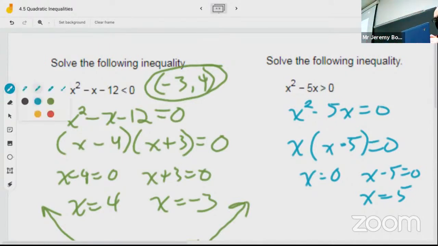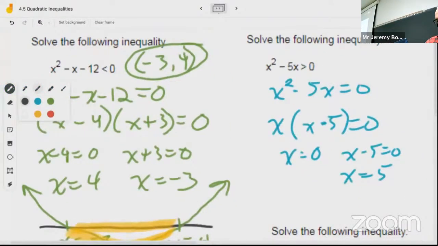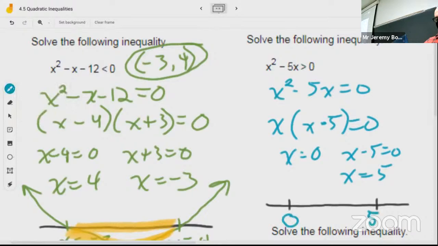Let's draw that out. Let's put 2 dashes for us there. And we're going to have 0 and 5. Make sure you write them in the right order. And we know it opens up. A value is 1. That's positive. So let's draw it like this.